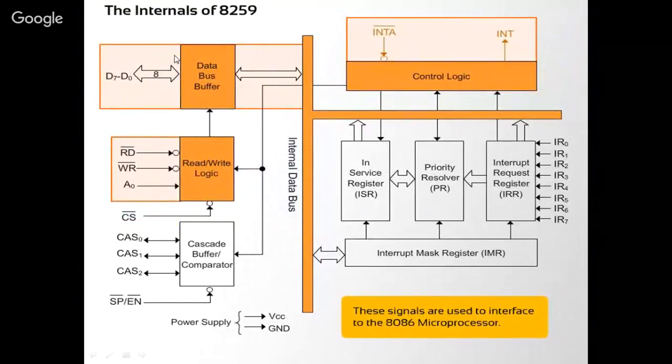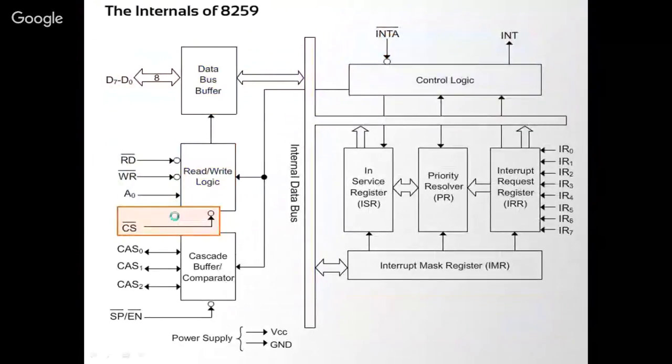The read signal is connected with the read signal of the processor and the write signal with the write signal. A0 is the address line connected with the address line of the processor, and the remaining address lines are decoded with chip select for decoding logic.